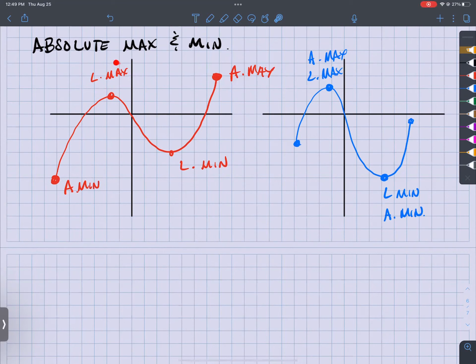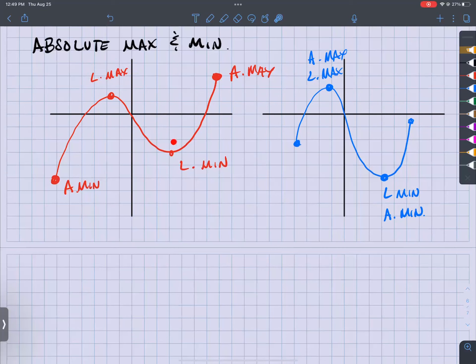Is this the highest point in this graph? Yes. This is too? No. It's not. But it is a peak. Yes, it is a peak. So therefore, it's just a local max. Okay.